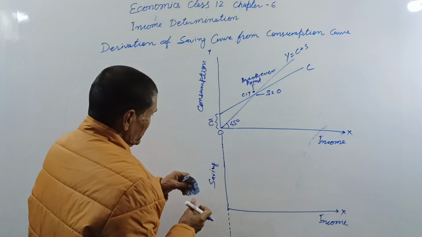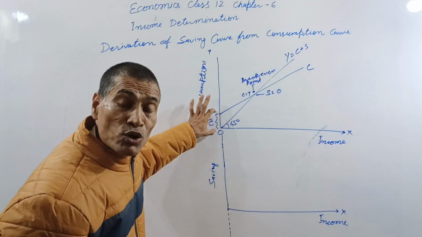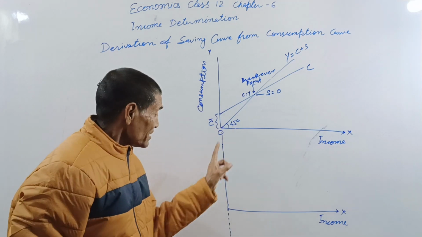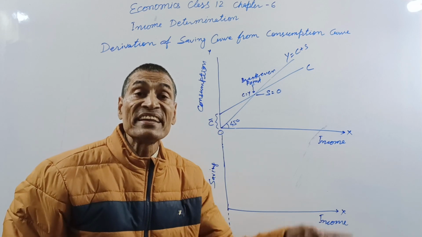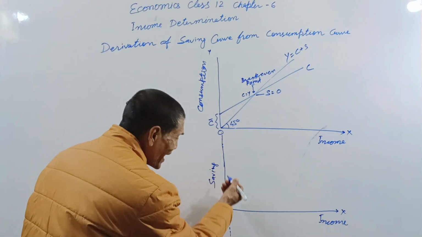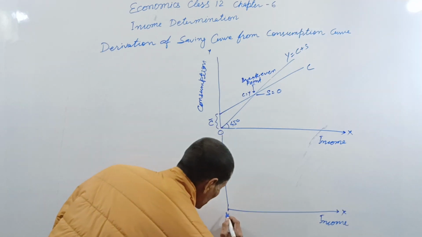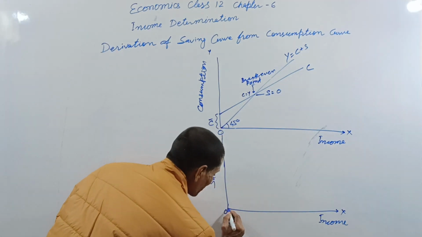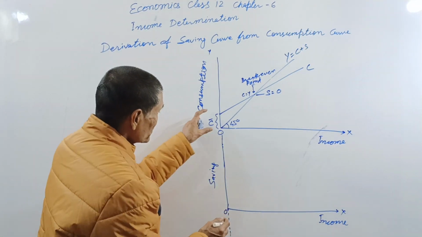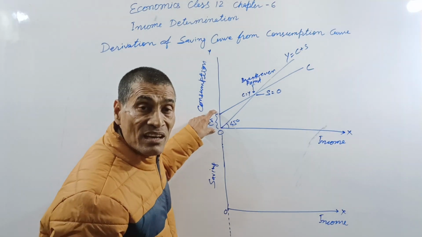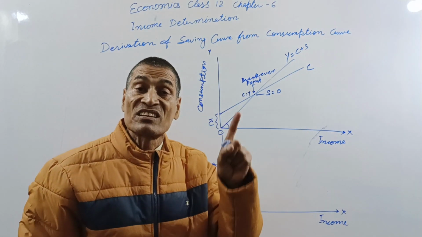So the intercept we have for autonomous consumption in the saving function curve becomes dis-saving or negative saving. So we require the negative part of the y-axis, because from the origin, above this it represents positive saving. Since this is autonomous consumption at zero level of income, it becomes negative saving or dis-saving.